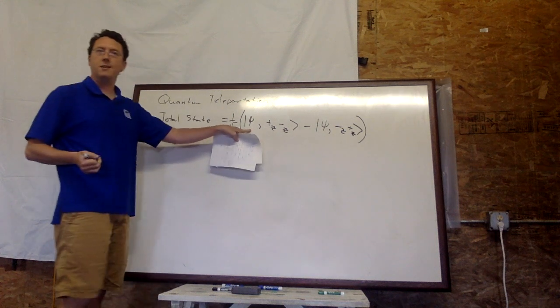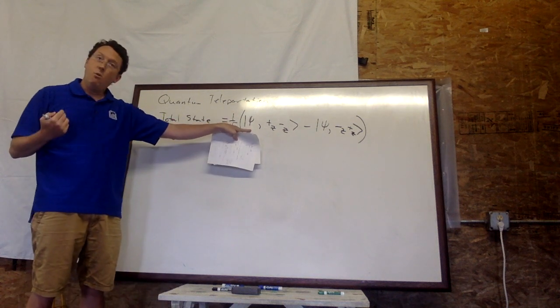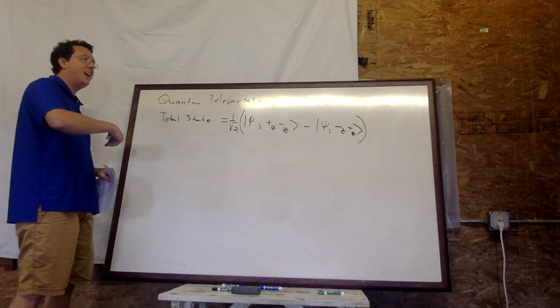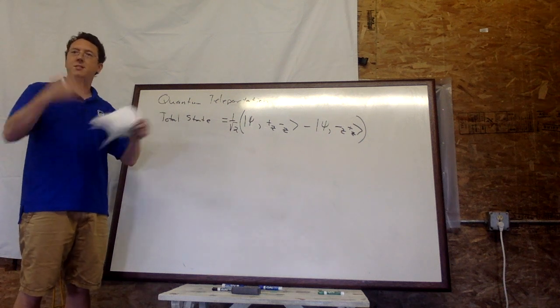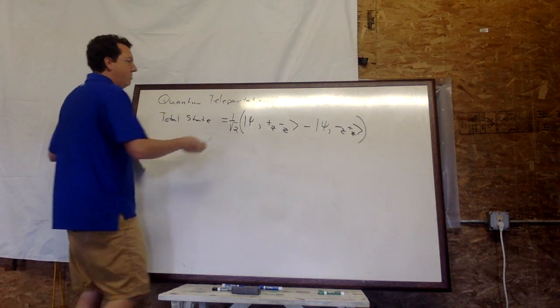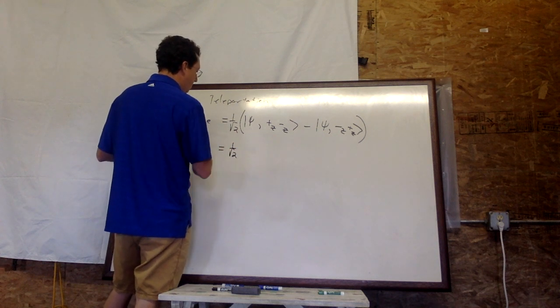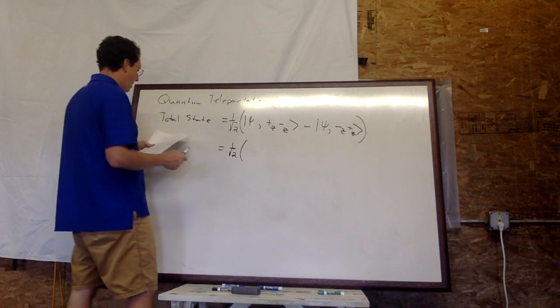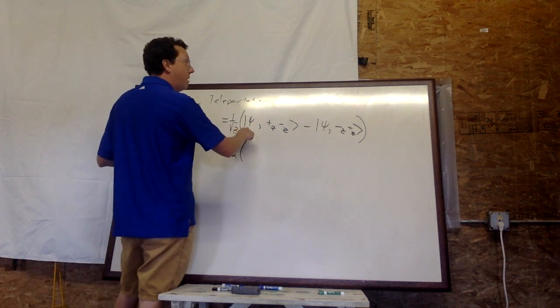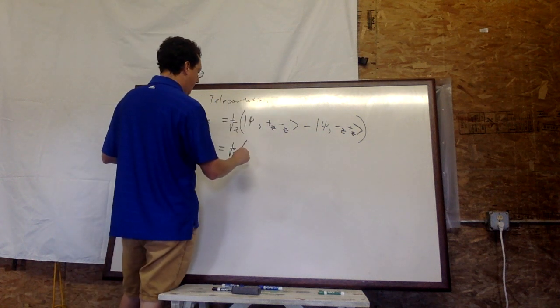Remember psi was the car state? Because I could write psi using a's and b's in terms of pluses and minuses, I can do the same exercise. So I can write this as 1 over root 2, and psi was a times plus z.